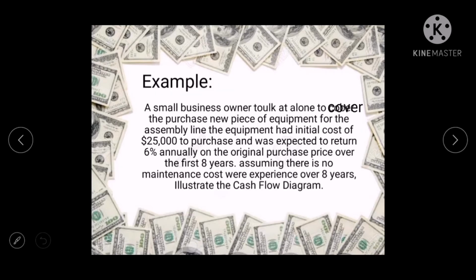So let's try an example. A small business owner took up a loan to cover the purchase of a new piece of equipment for an assembly line.